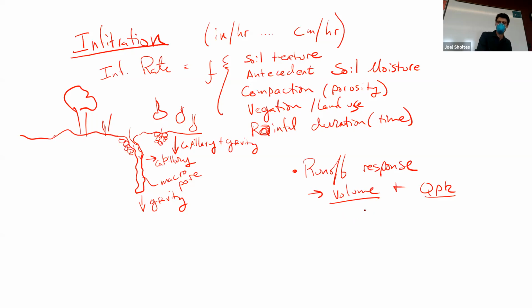From that storm event, eventually all that water is going to leave, right? It's either going to evaporate or run off. But over the shorter window, that flood response, we want to know the runoff volume and peak discharge, as well as timing. How long is it going to take for that peak discharge to hit after it starts raining?